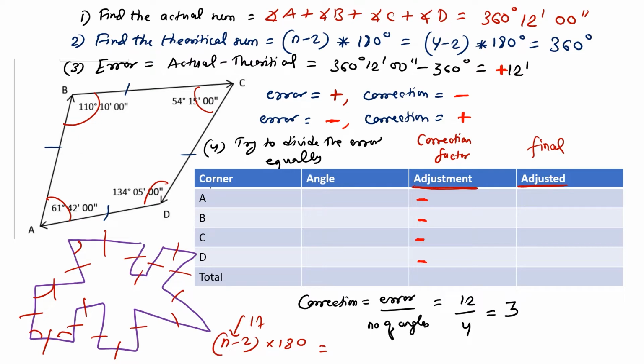And note that it does not have decimals. I've said that we always use the whole number as a correction factor. We never use decimals, okay? So if it doesn't have a decimal, simply use this value. The correction factor for each of these angles would be 3.